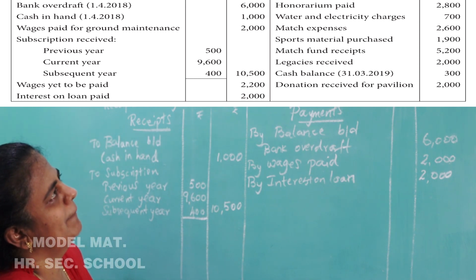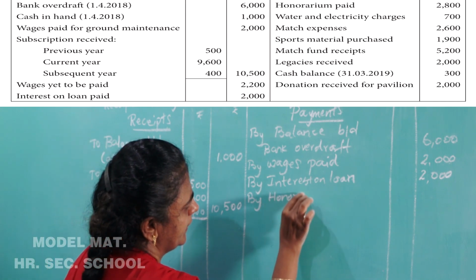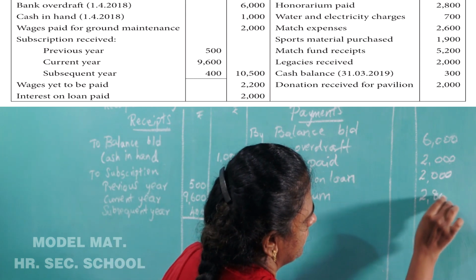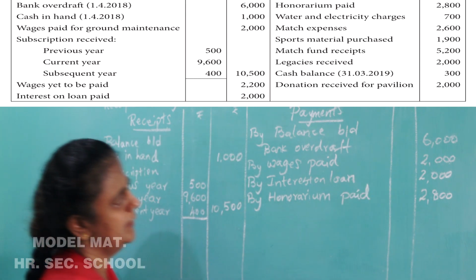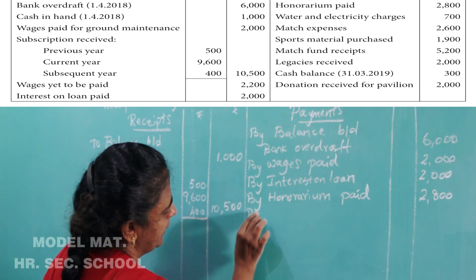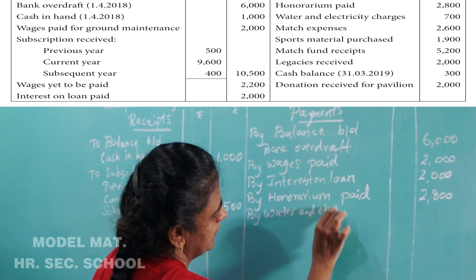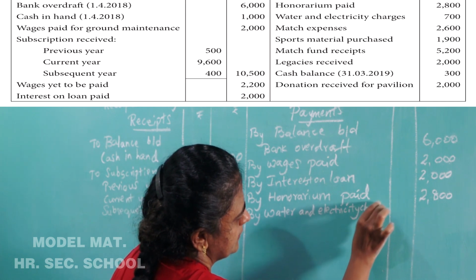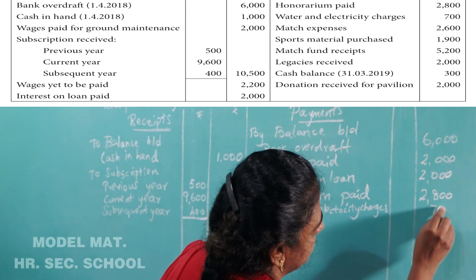Next, honorarium paid 2,800, that is also an expense, by honorarium 2,800, also a payment. Then water and electricity charges, also a payment: by water and electricity charges 700.